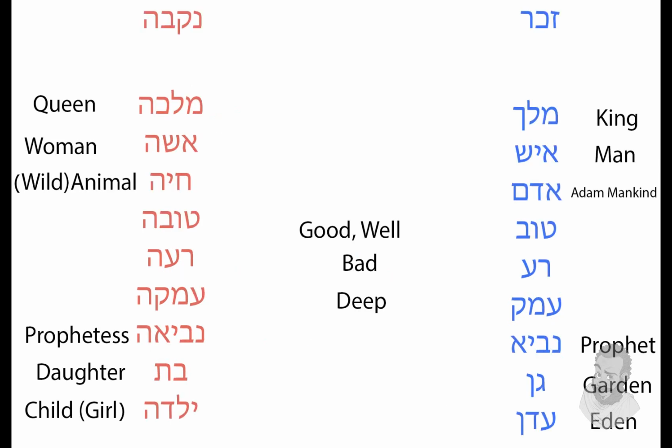So here we have two lists of words, yamin and small. Yamin means right, small means left in Hebrew. Those are two new words we learned so far. Melech is on yamin. Malka is on small.